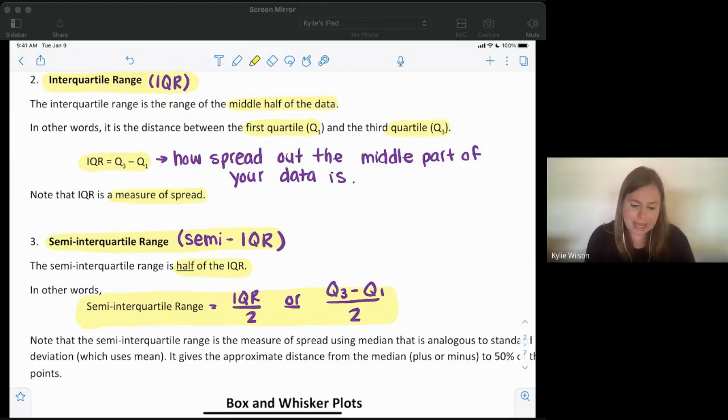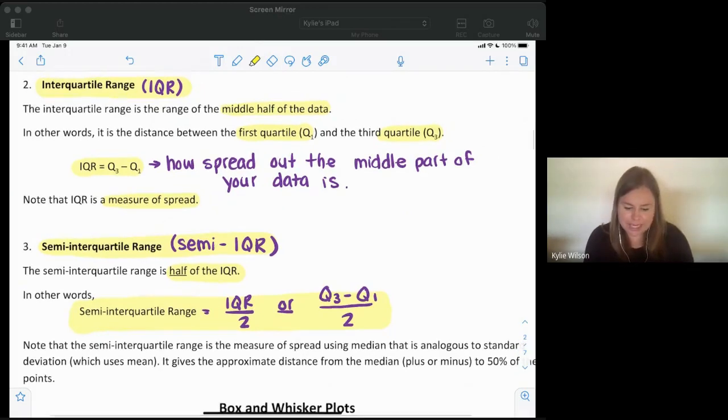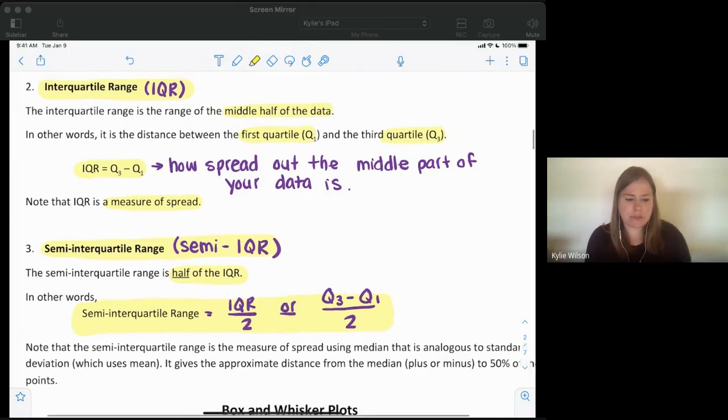So the next thing we're going to do is some graphing in order to display this information, but we do need to be comfortable with our interquartile range and our semi-interquartile range before we move on to that next step.